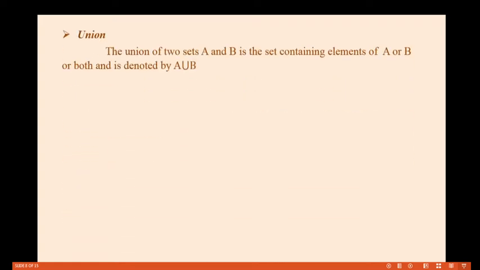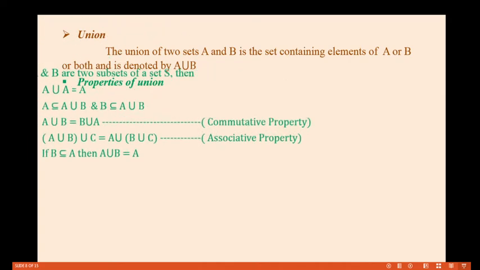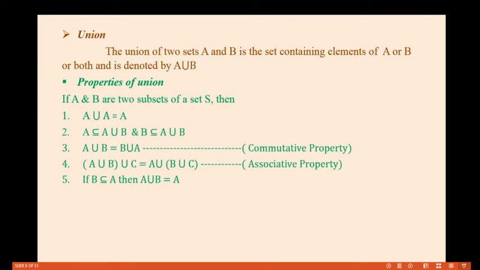Now let us see some of the properties of set theory. Union. The union of two sets A and B is nothing but the set containing elements of A or B or both A and B and is denoted by A union B. Now let us consider the properties of union in brief.